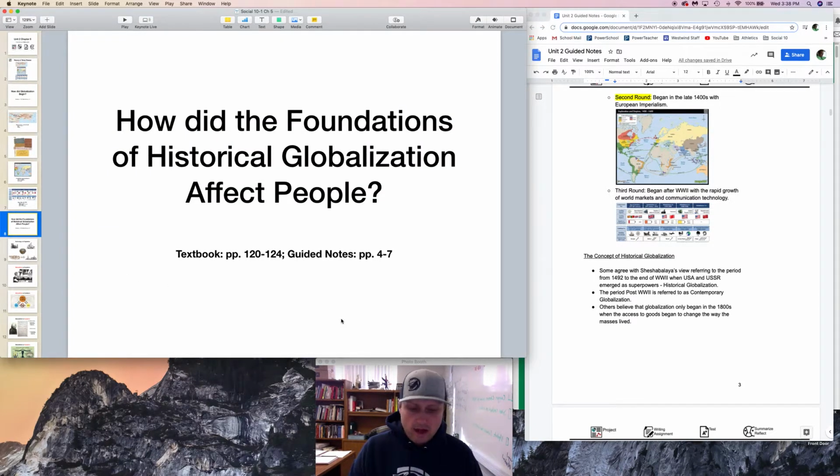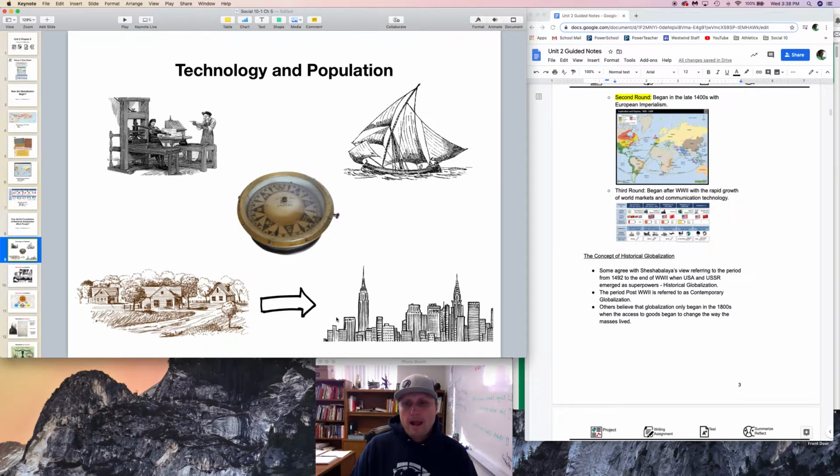Let's talk about how some of these early globalization things impacted people. I'm going to burn through this one really quickly because we've talked about it a lot. There's lots of inventions. Here up in the top left-hand corner, we've got the press. That was a big one to help spread ideas. Top right-hand corner, we've got that lateen stern sail. That was enabling ships to travel without consistent wind, and they could go further distances.